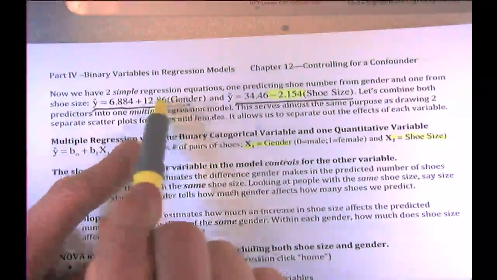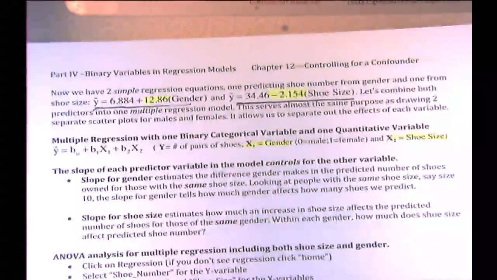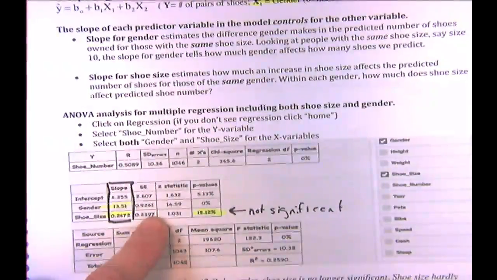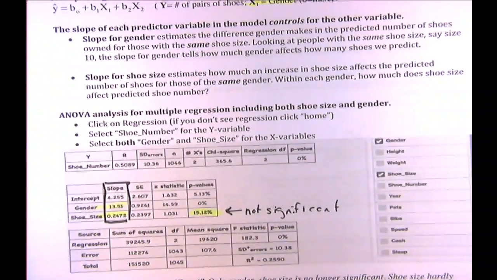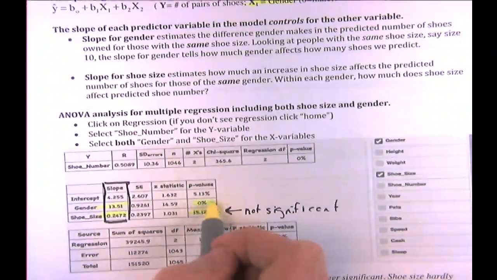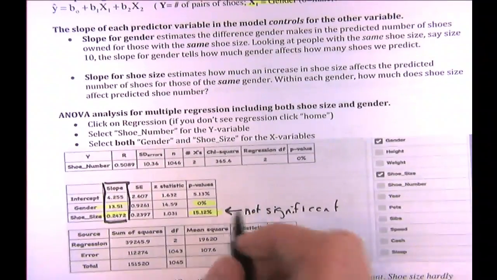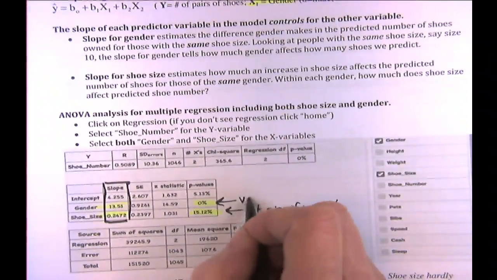It's not that much different. It matches up with this one in the simple. It's a little bit stronger, a little bit bigger. And look, it's extremely significant. So this is very significant.